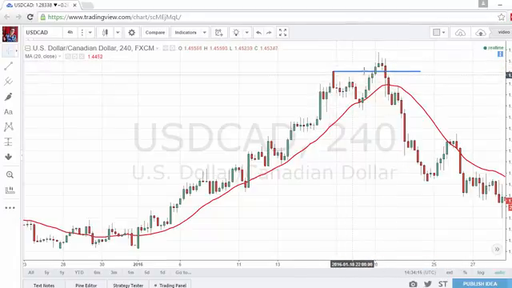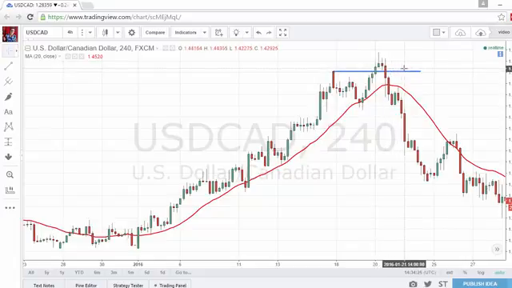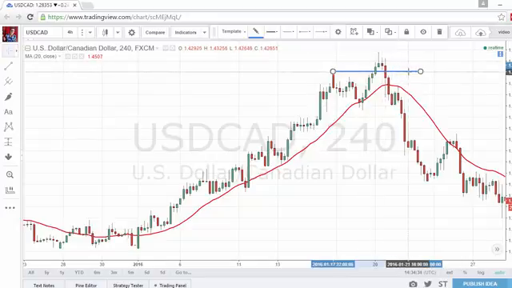If we draw a resistance line, then also what is a very nice confirmation is a price pin bar here. And when this happens at a market top, it's a very important clue. Also, if you can see an engulfing candle, this can also confirm a potential reversal.